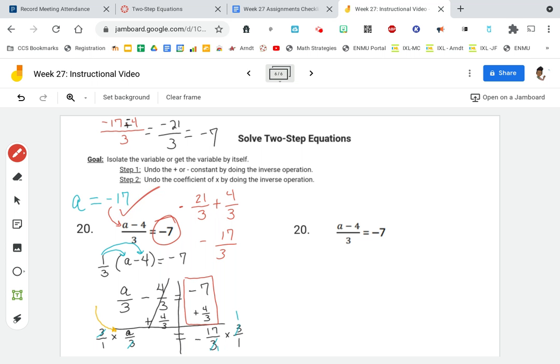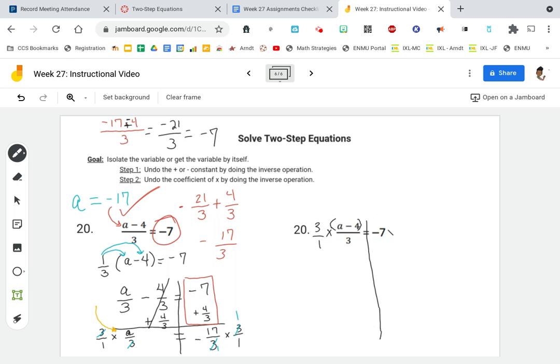Now, I would not have done that problem that way at all, honestly. This is what I would have done. I would have realized again that this is the same thing as this being in parentheses. And so I would have said, I need to get rid of that divide by 3 on the bottom. And the opposite of dividing by 3 is multiplying by 3.